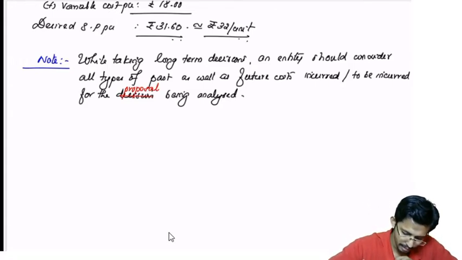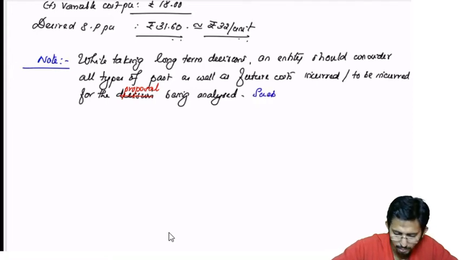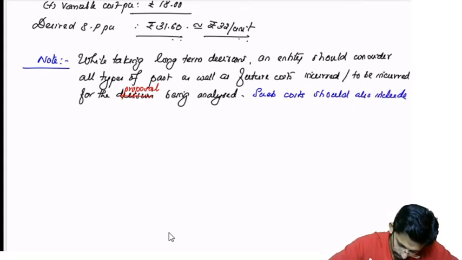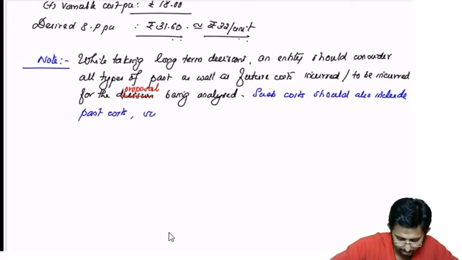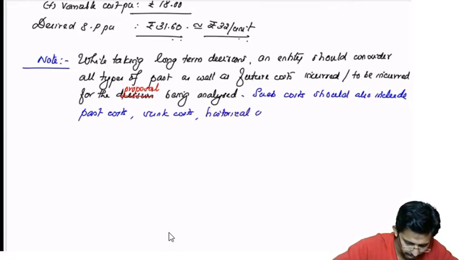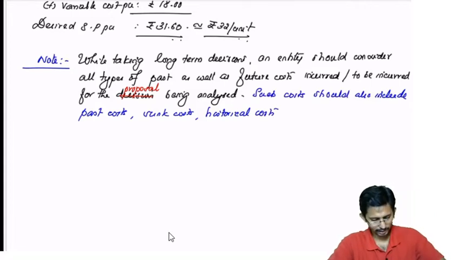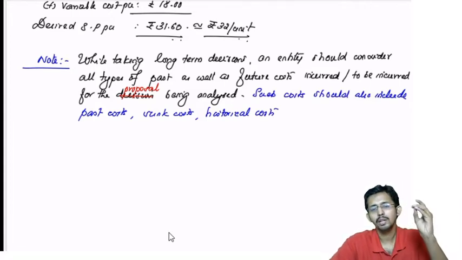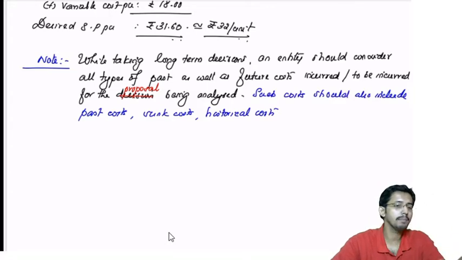Such cost should also include past cost, sunk cost, historical cost. All these terminologies, past cost, sunk cost and historical cost, are used to refer to those costs which have already been incurred.